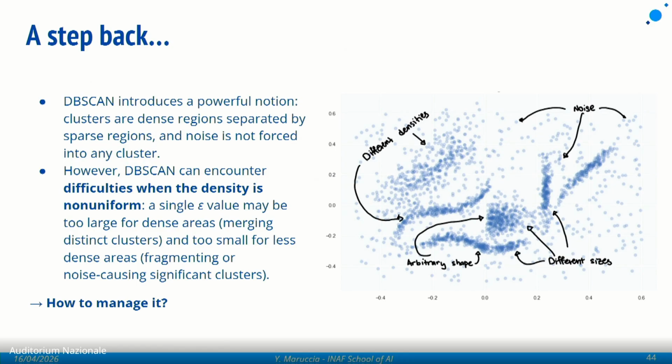We have to go one step back, but only to understand the kind of data that we are using and what we are trying to solve. Because with DBSCAN, we are working on data, and DBSCAN works well when the density is uniform within the dataset.